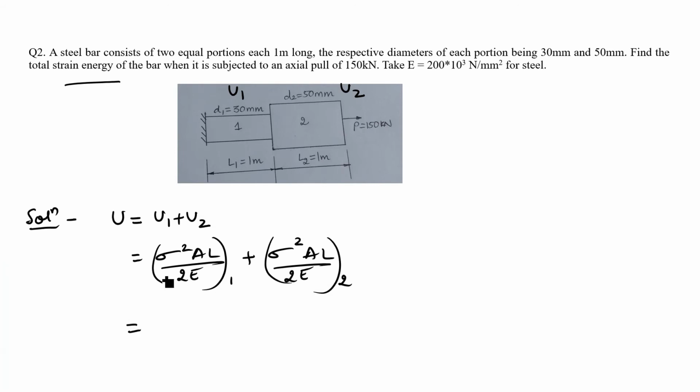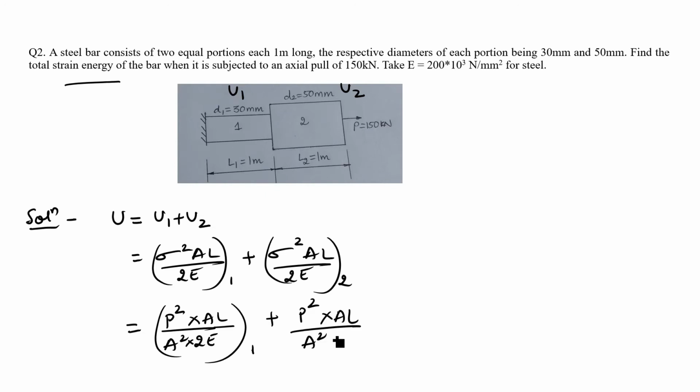You know that sigma is P by A. So this will be sigma square upon A square into AL upon 2E for the first one plus sigma square upon A square into AL upon 2E for the second bar.